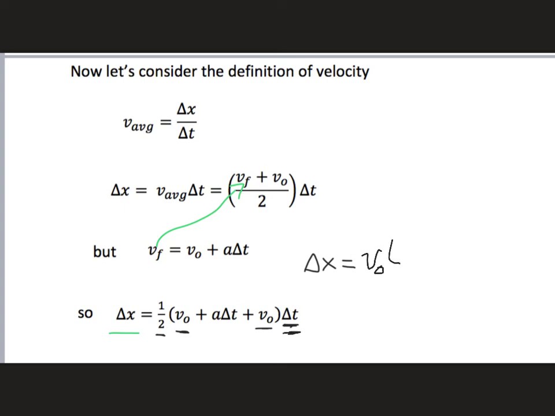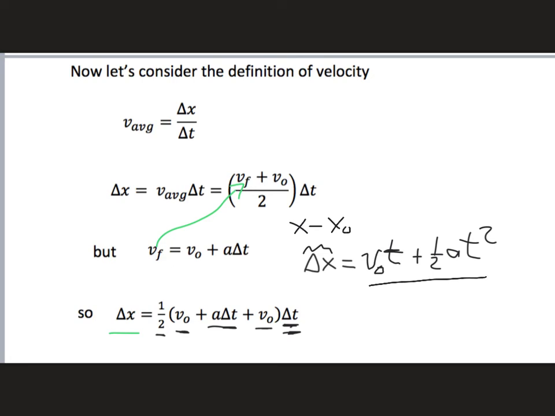And so I've got v naught times delta t, and I'm just going to call it t because usually our t naught is 0. And then I've got 1/2 a delta t squared. Now keep in mind that this delta x here, that's x minus x naught, and so I've got x minus x naught is equal to v naught t plus 1/2 a t squared.